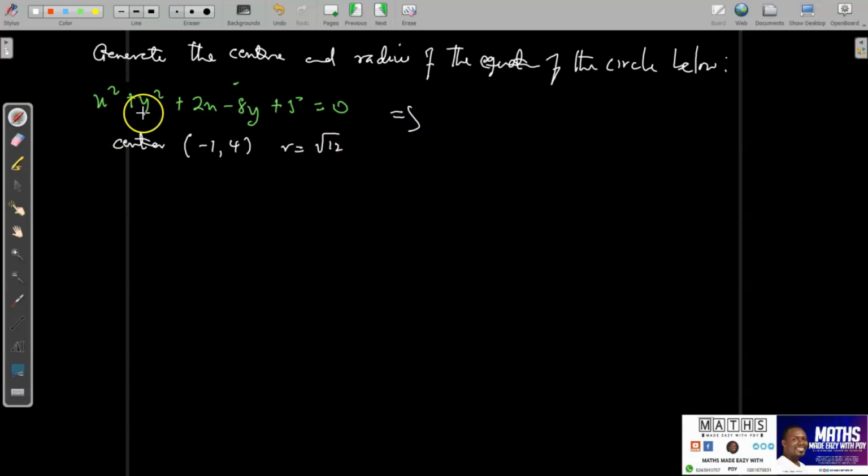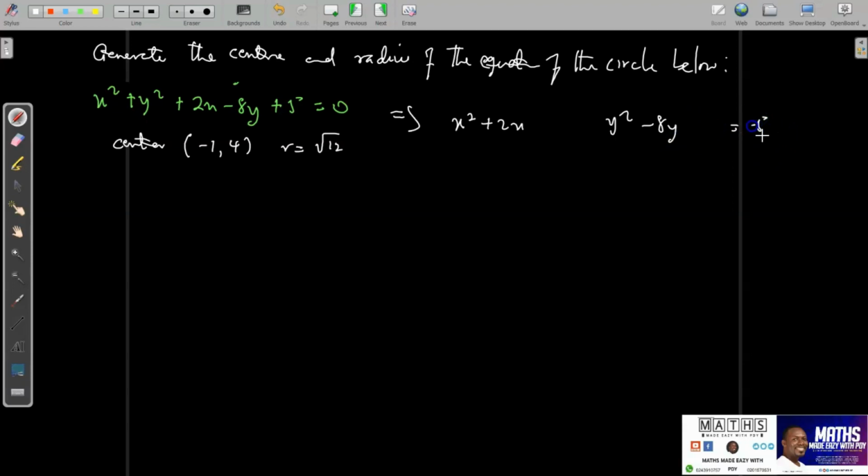We see too that the coefficients of x squared and y squared are the same, or they are 1. Then we apply the completing of squares approach. So we group all the x's to one side, so x squared plus 2x, then all the y's on the other side, y squared minus 8y. Then transpose the constant to the right hand side.